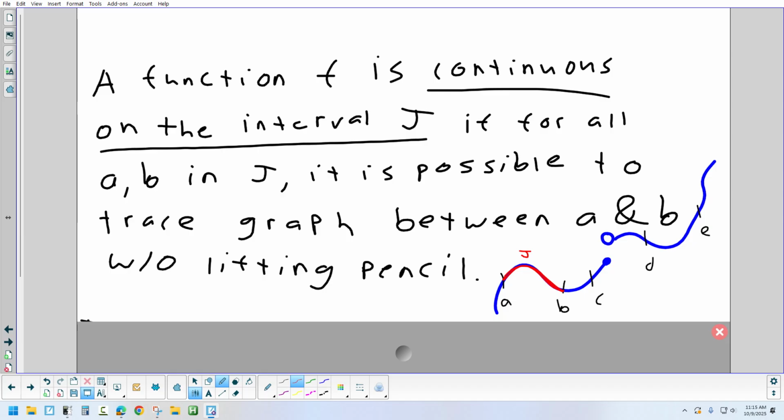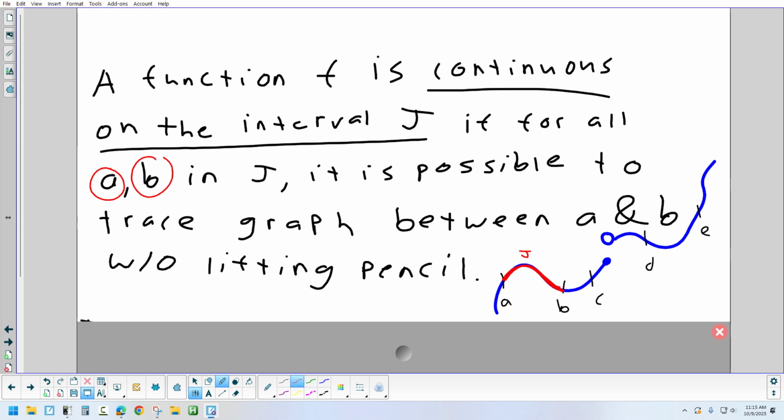It's the name of the section from A to B. For that section to be continuous, it means that I can start at A, I can stop at B, and I never have to lift my pencil the entire time as I go from A to B. That's what it means to be continuous.